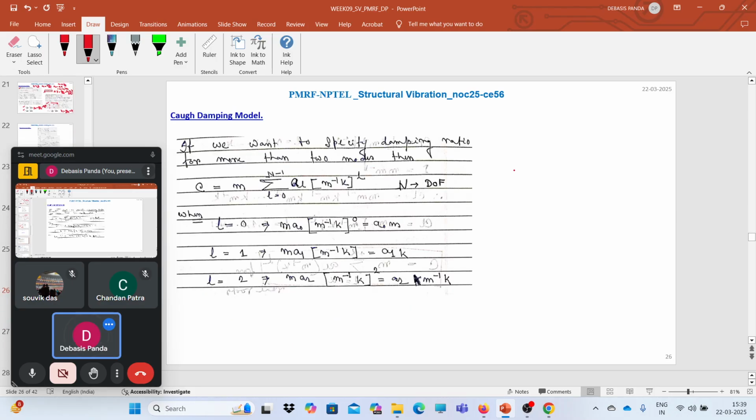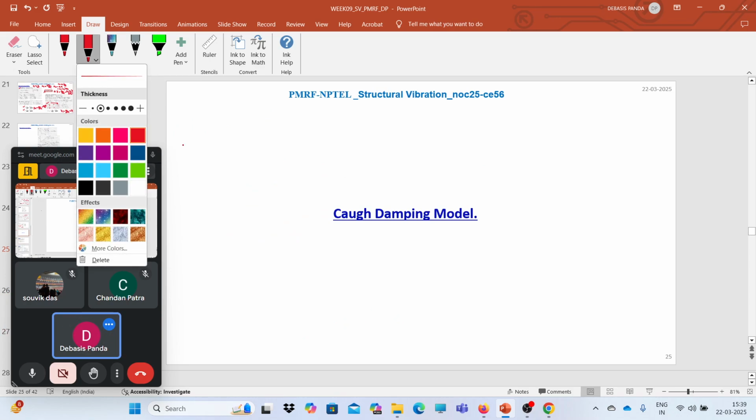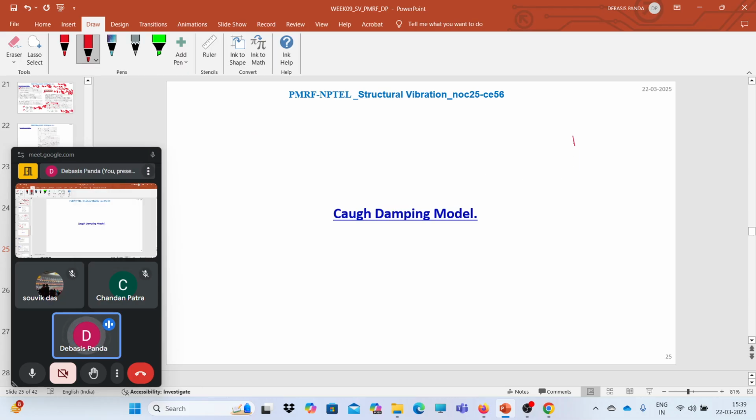Now the thing is, say for example, we again have this multi degree of freedom system where it has three modes, m3, and zeta 1, zeta 2, zeta 3.